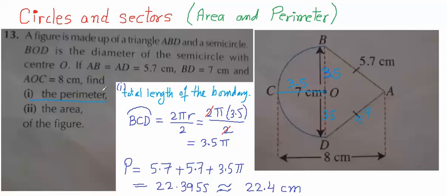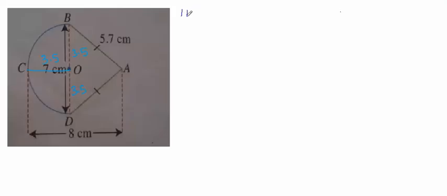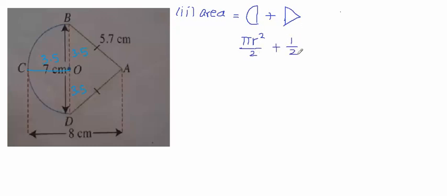Now the second part is the area. For the area, I will make a copy of this diagram. In part 2, we have to find the area of this shape. It consists of a semicircle and a triangle, so the area will be equal to the area of the semicircle plus the area of this triangle. The area of the semicircle is pi r squared divided by 2, and the area of the triangle is half base times height.